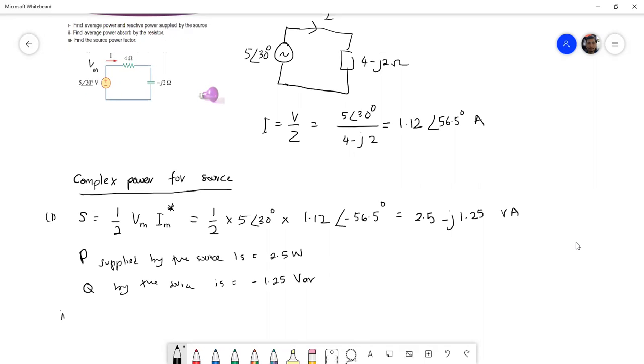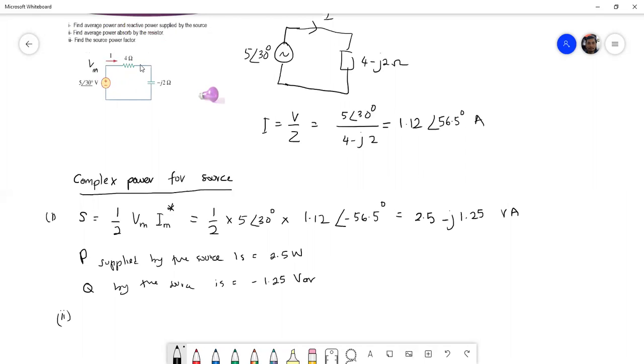The second question is to find the average power absorbed by the resistor. From this circuit, we have only one resistor element, and we should know that only a resistor absorbs average power.